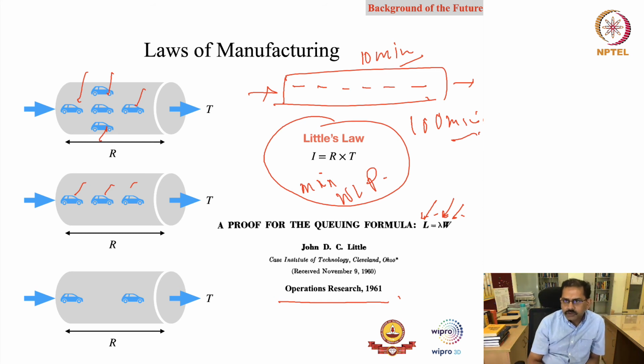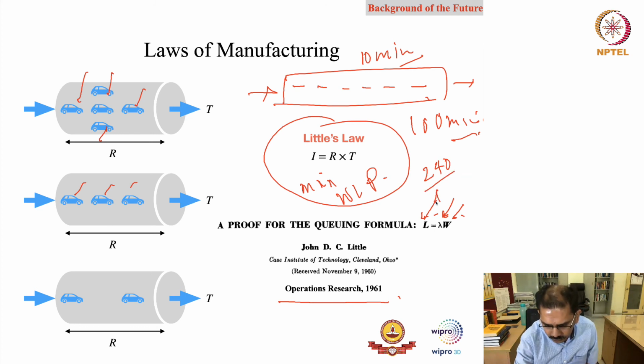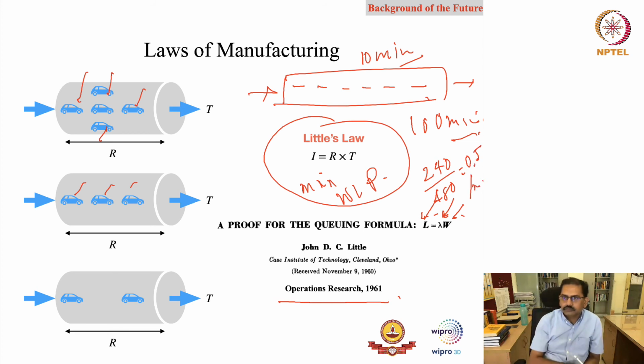And let us assume that this particular process produces, say, 240 units per day, and assume that there is only an 8-hour shift, right? So in 480 minutes, they produce 240 units, so that is 0.5 per minute, correct?